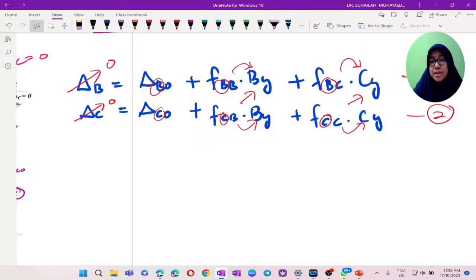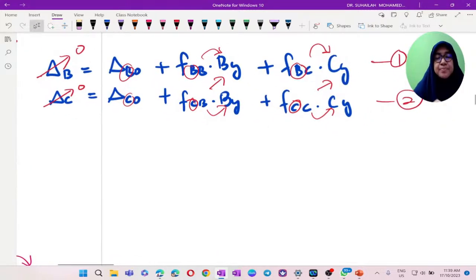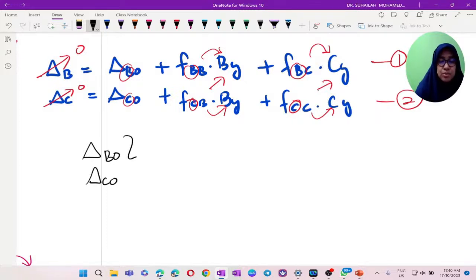Since there are two redundants, we will have a 2 by 2 flexibility matrix. So we rewrite this as the new form of the compatibility equation. It is going to be like this: delta B naught, delta C naught. We group this together.